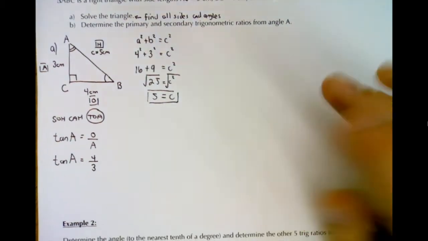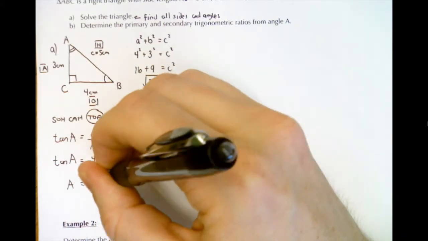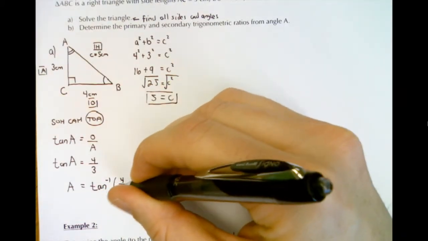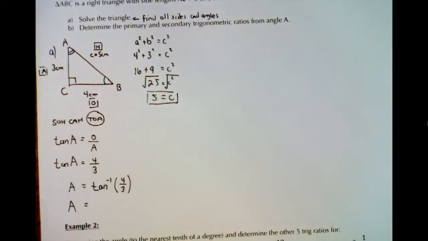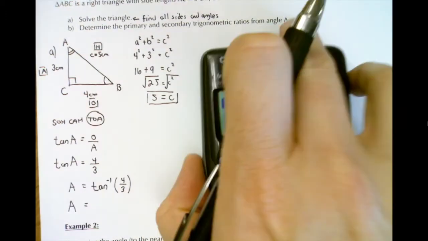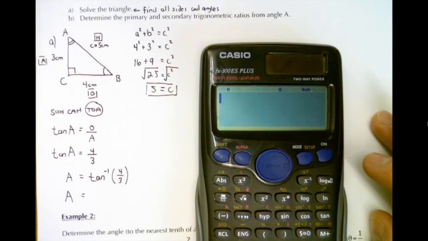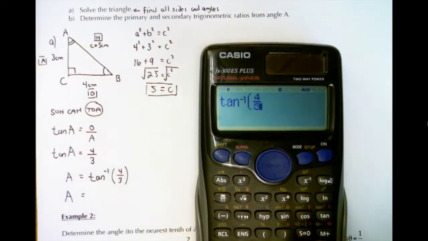If I want to find A, I use tan inverse of 4 over 3. And take my calculator here. Make sure my calculator is in degree mode, so I'm looking for the D or the DEG, and I'm going to do second tan 4 over 3.